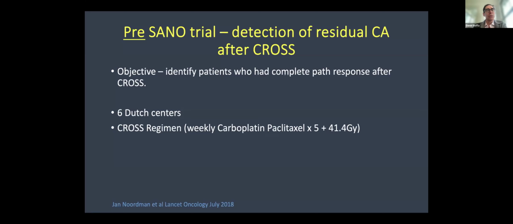And so this was the trial to determine could you detect people that were free of residual disease.